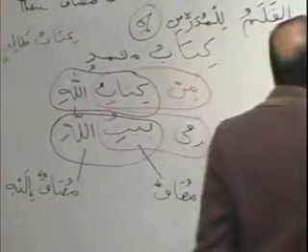Okay, now we go to pronouns. We were doing mudaf ilayhi. So, kitabu Muhammadin, baitu Muhammadin, kalamu Muhammadin. Now if I say his house or his pen, how do I say it? I say baituhu, kalamuhu.